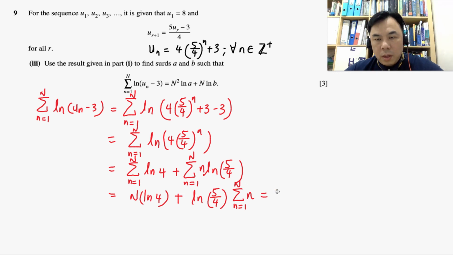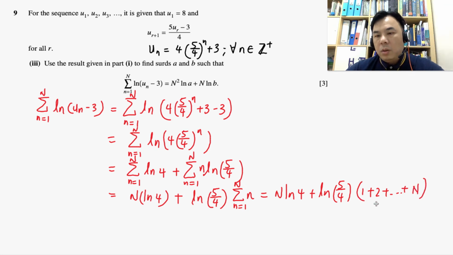Basically, it means n ln 4 plus ln 5 over 4 here. We're going to sum up 1, 2, and so on and so forth until the nth term. So this should look quite familiar to you guys.